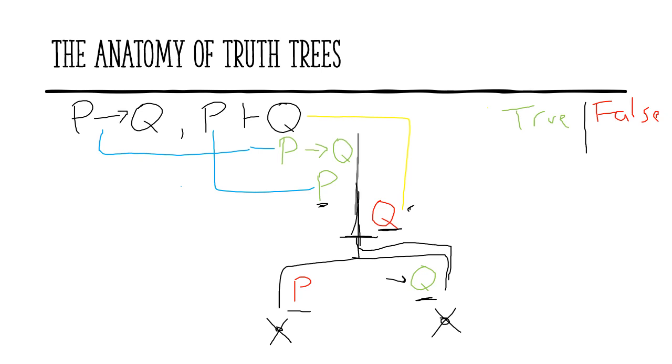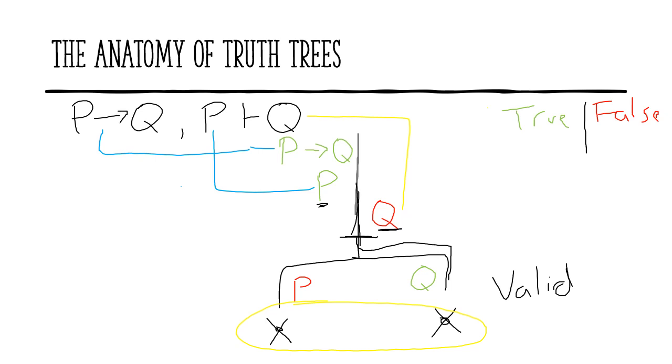I close these branches, and because there are no open branches, this is a valid sequence. Both of these branches close off. We have X's at the bottom of them.